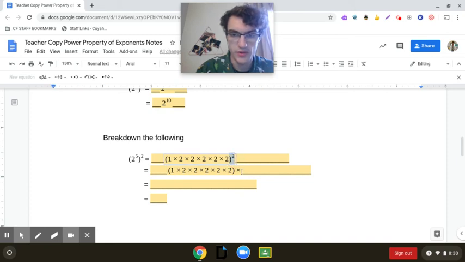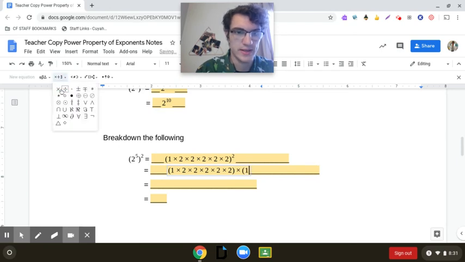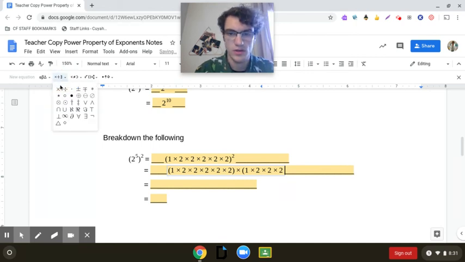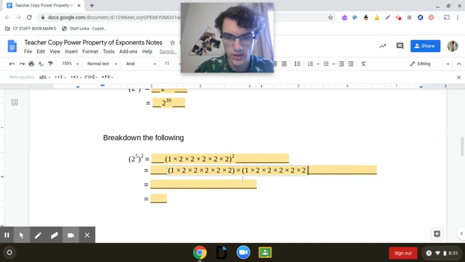We're multiplying 2 to the 5th power times itself 2 times. So I'm going to put my parentheses, and then I'm going to put everything again. You can be creative and copy and paste. I'm just going to rewrite it. Doesn't take that long. So 1 times 2 times 2 times 2 times 2 times 2. And that's 1, 2, 3, 4, 5.